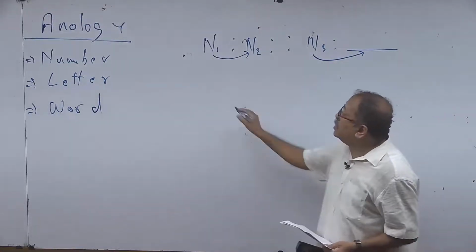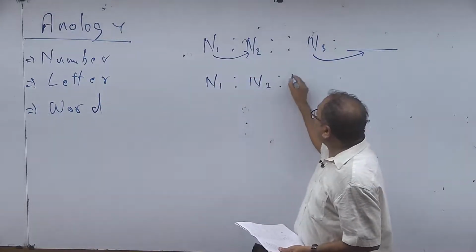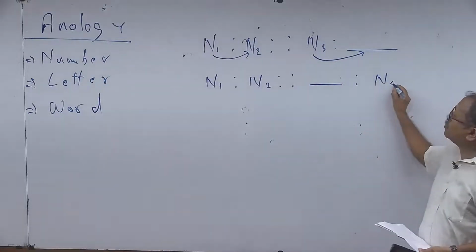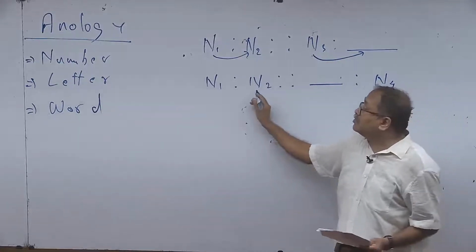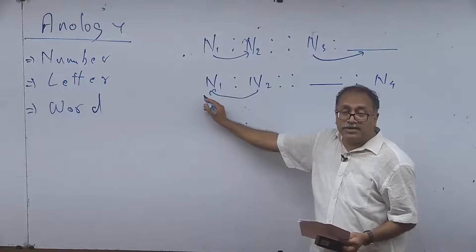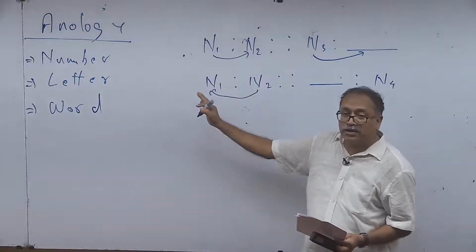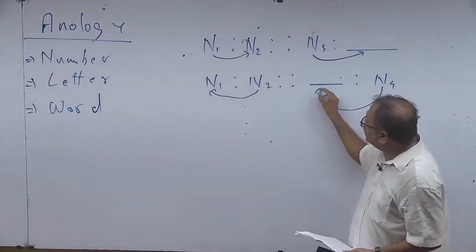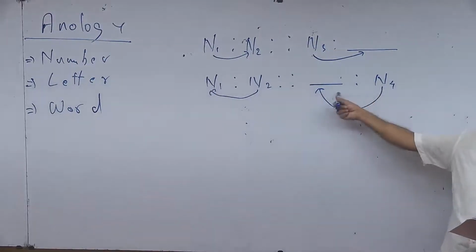Or sometimes you get n1 is to n2 and dash is to n4, so we have the blank over here. So I will identify what relation exists from n2 to n1, from right-hand side to left-hand side, and the similar relation I may identify and put over here.